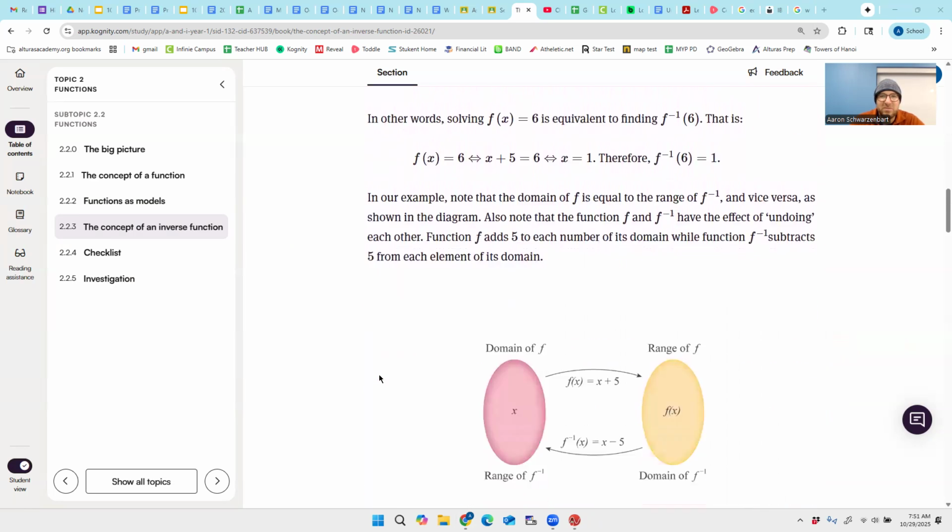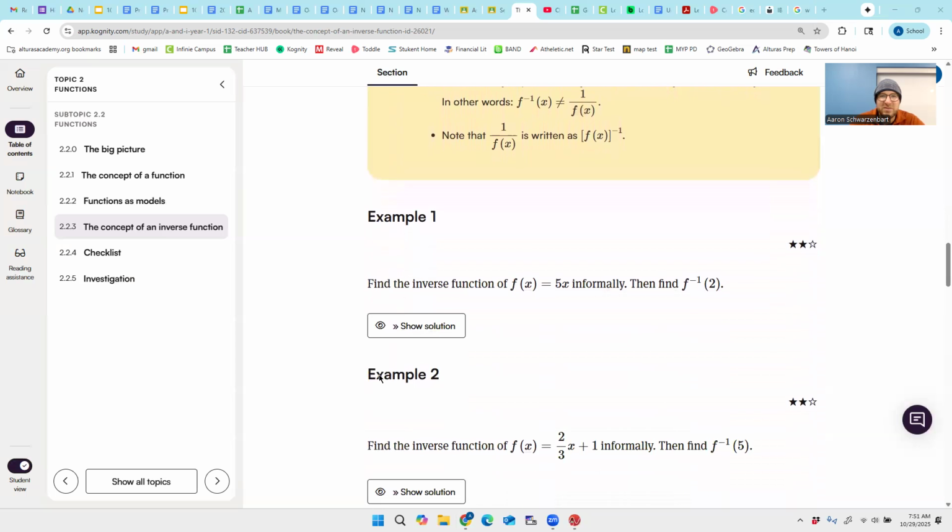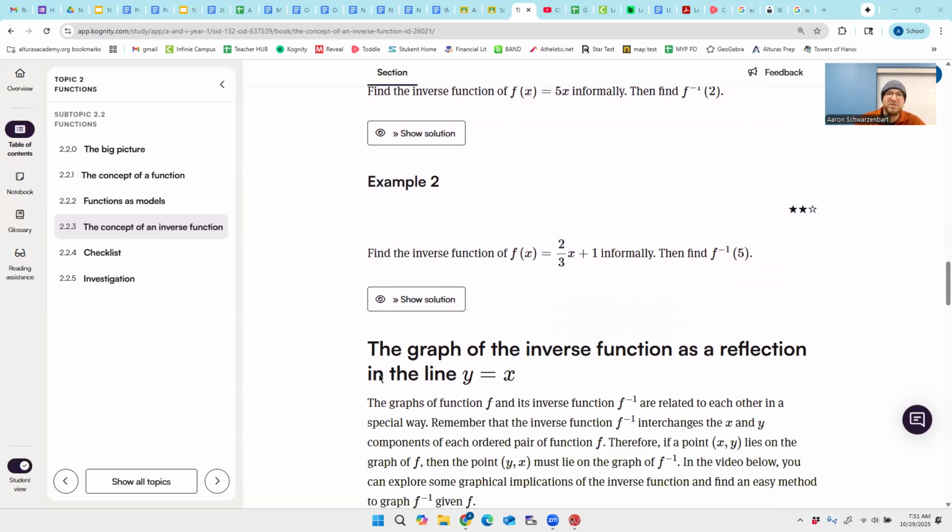So inverses go one way and backwards. So we're going to find this one. We're going to jump to example 2. And I'm going to go ahead and write it in y equals notation. If you're good at this, you can skip that first step. Now I need to solve for x.